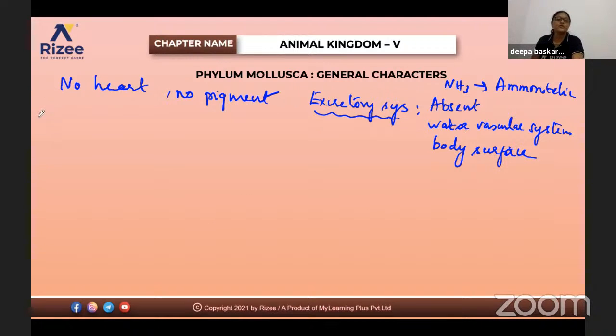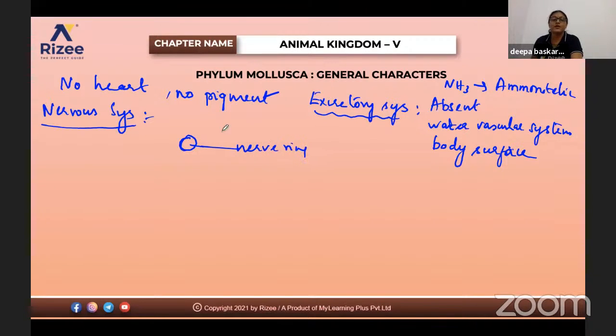And let us come to the nervous system, or sense organs, you can say. So they are having one nerve ring and radial nerve cords. At the center, they will be having a nerve ring, and radial nerve cords will be supplied like this.